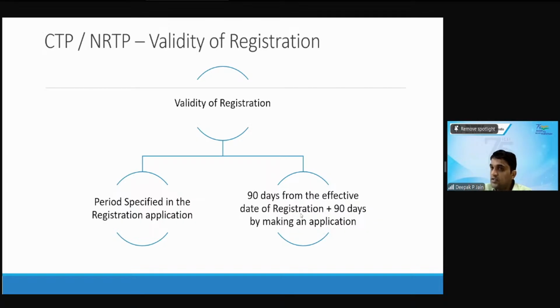That is, first he will give you 90 days. At the end of the 90 days, if you want an extension, then he can extend for a further 90 days. So, 90 plus 90. By default, first it will be 90 days, then add another 90 days. So, 180 days is what you can get your registration for, not beyond that.